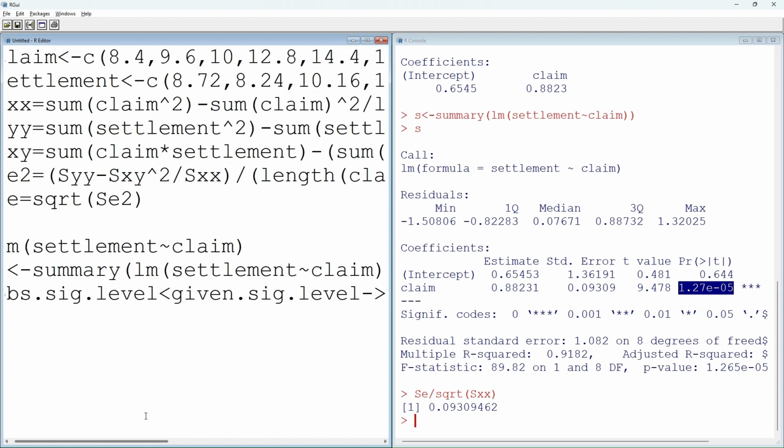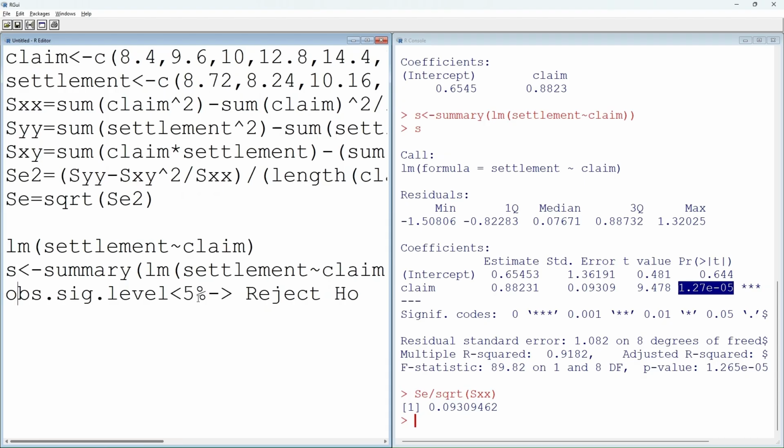So generally, we take the significance level as 5%. In most settings we do that, except if in a question it is precisely stated otherwise. But most of the time, it is 5%. So if the observed level of significance is less than 5%, what is the observed level of significance? This value, and you see that it is 0.0000127. Obviously, this value is logically less than 0.05. 5% means 0.05.